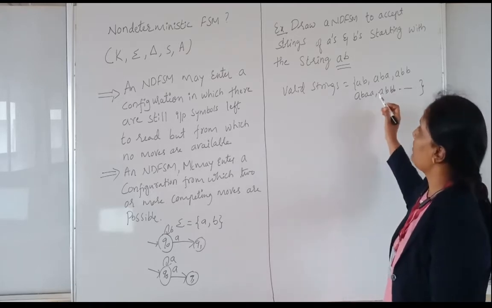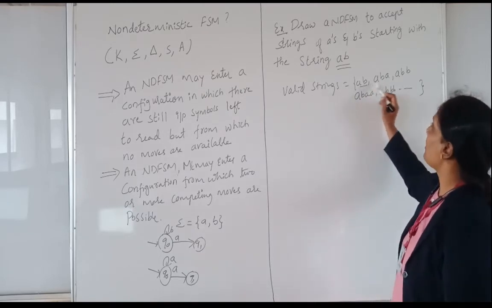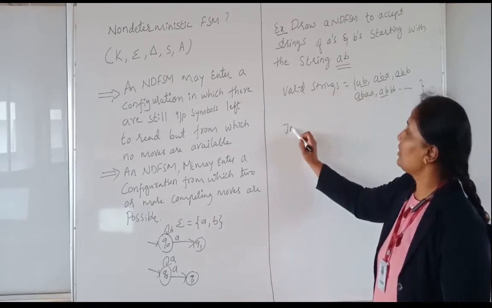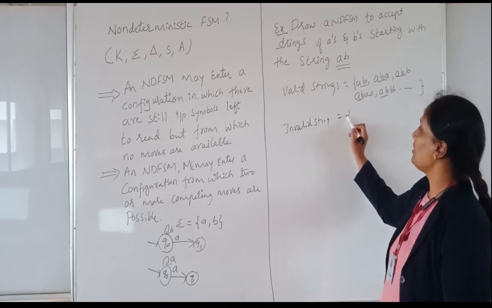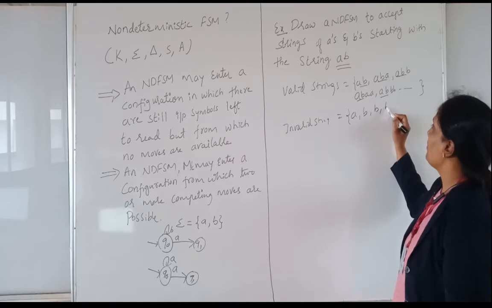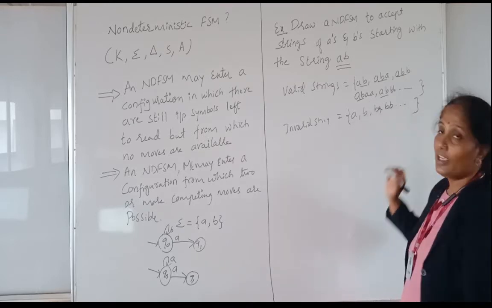So an infinite set of strings comes under the valid string list. All these strings start with AB. What are the invalid strings? Invalid strings are the strings which don't start with AB. So it may be A, B or B, A, B, B and so on.